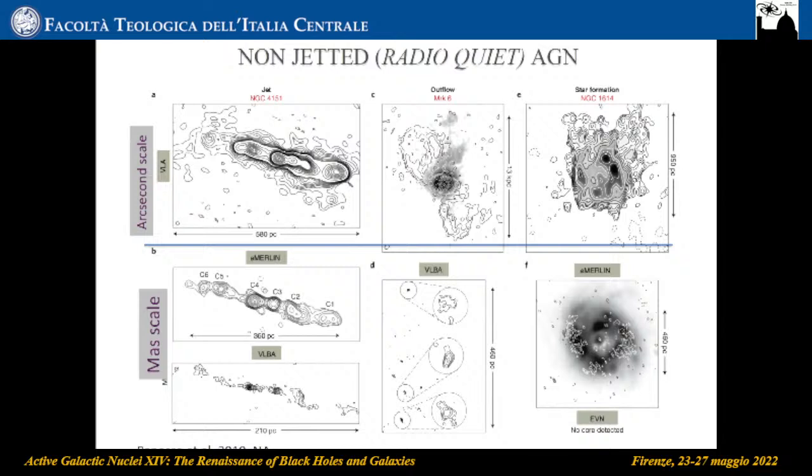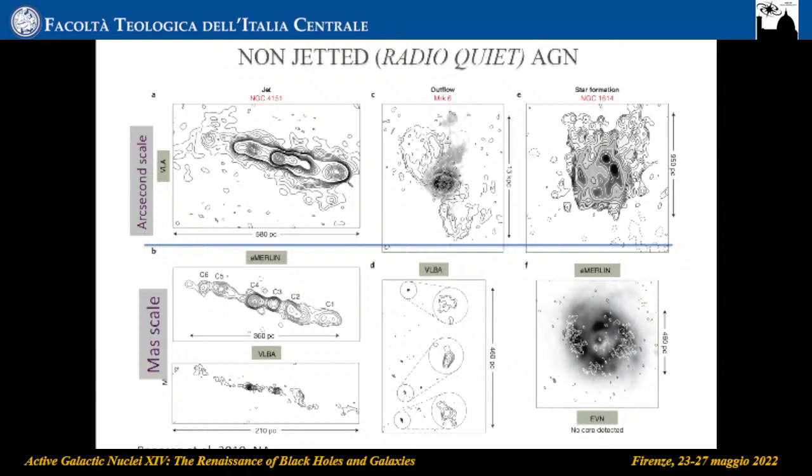So what you can observe, depending on your source, are low power, low speed jets, which look like the potential relativistic jet. Or you can see outflow emission, which is less collimated, or star formation in the form of rings.